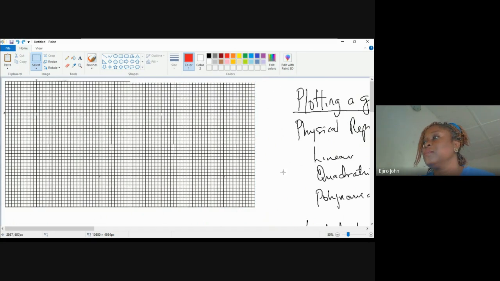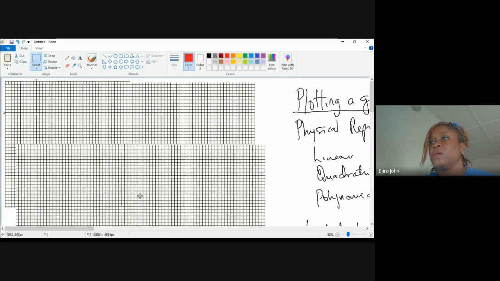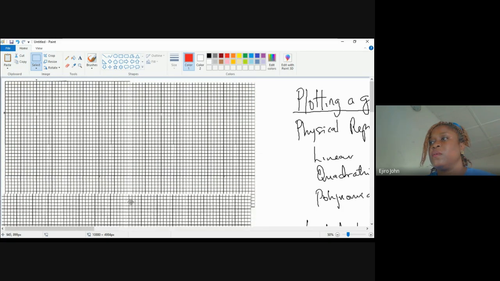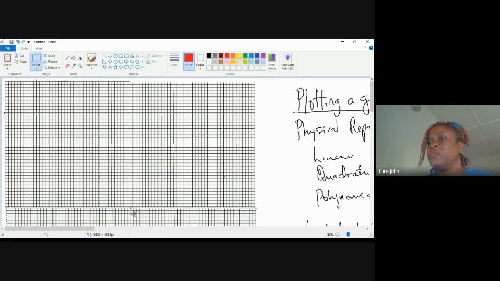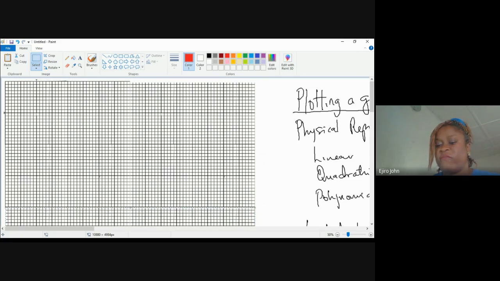It is shaking. So we're going to copy and paste, trying to increase the size of this graph. Okay, now we have a bigger graph.